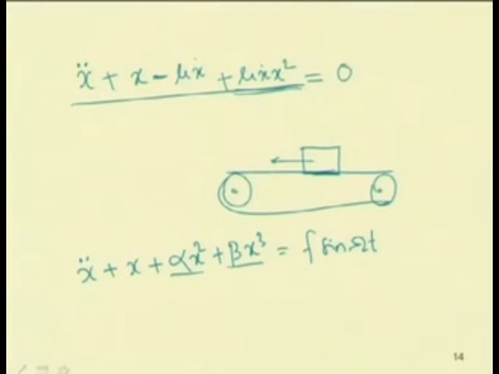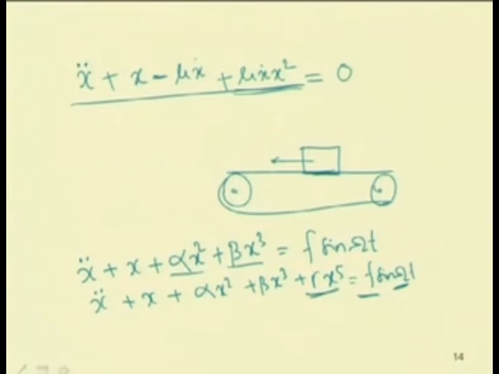Similarly, you can have a quintic term also. In that case you have x double dot plus x plus alpha x square plus beta x cube plus gamma x to the power 5 equal to f sin omega t. So, f is the amplitude of the forcing and omega is the frequency of the forcing term, and this is the quintic nonlinear term.